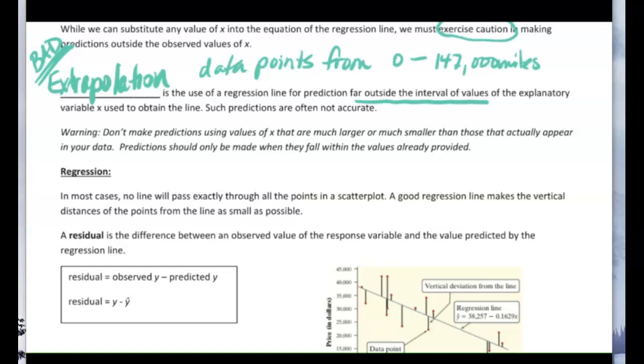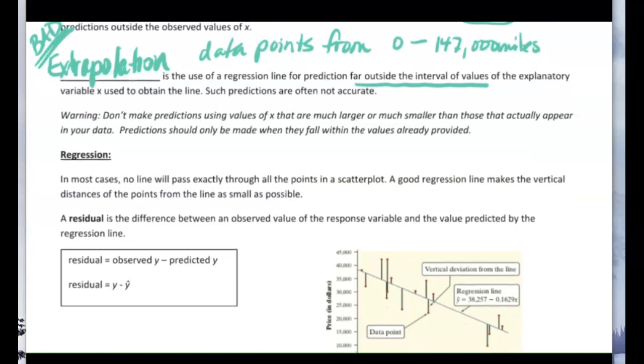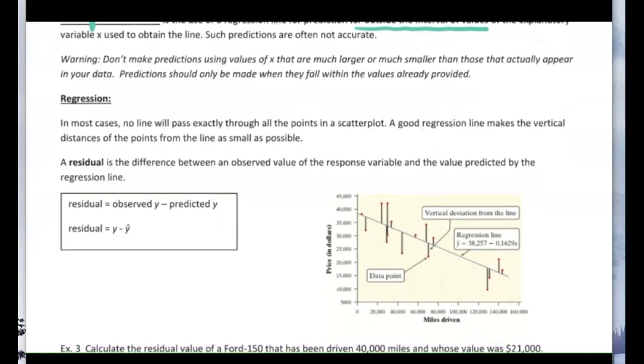All right, so on to this word regression. We've been using it already. In most cases, no line will pass exactly through all of the points in the scatter plot. So a good regression line makes the vertical distances from the line as small as possible. These are called residuals. A residual is the difference between an observed value of the response variable and the value predicted by the regression line.